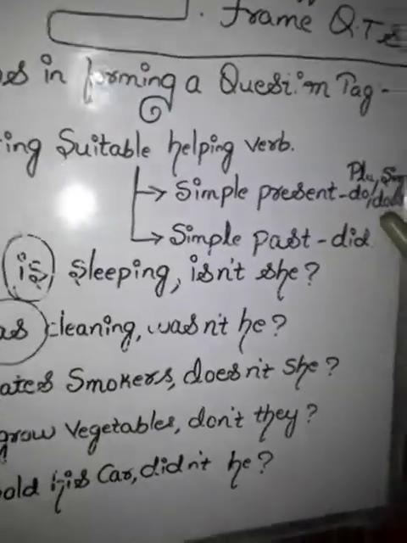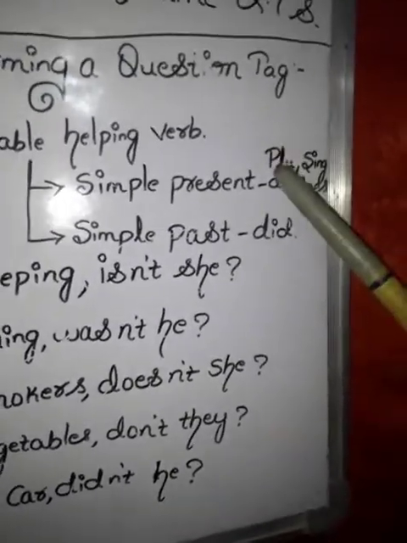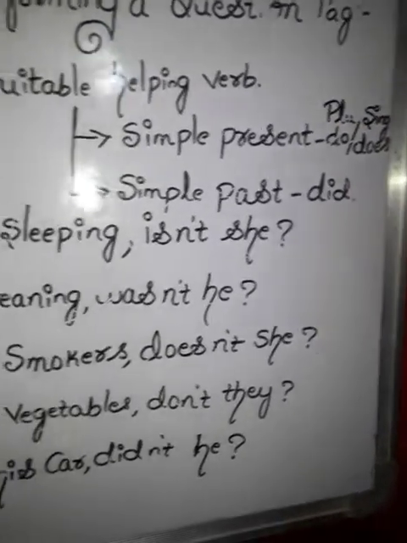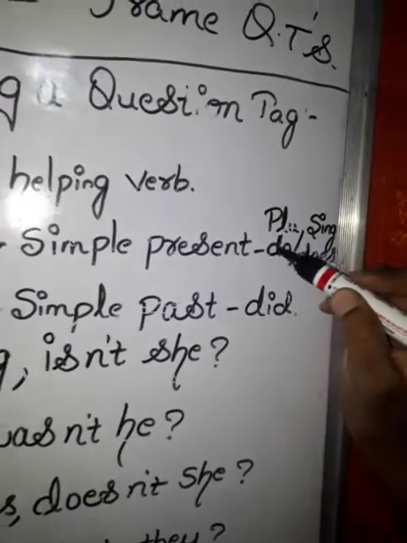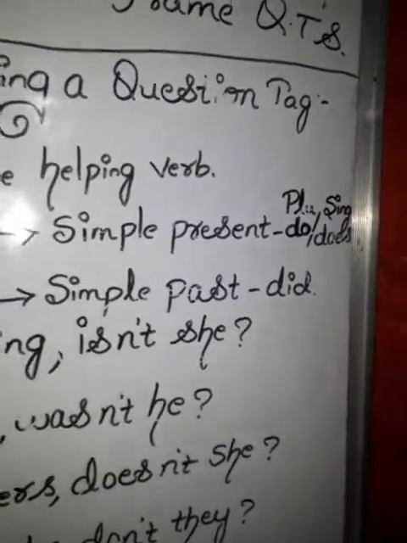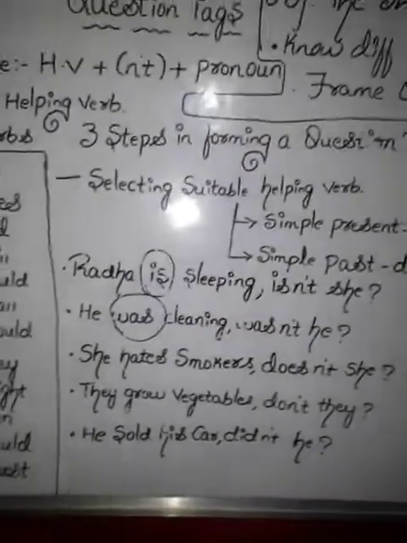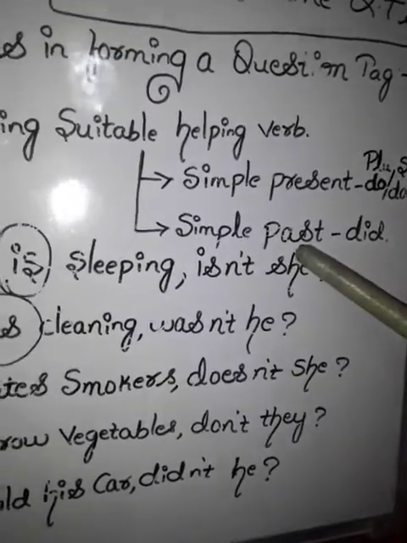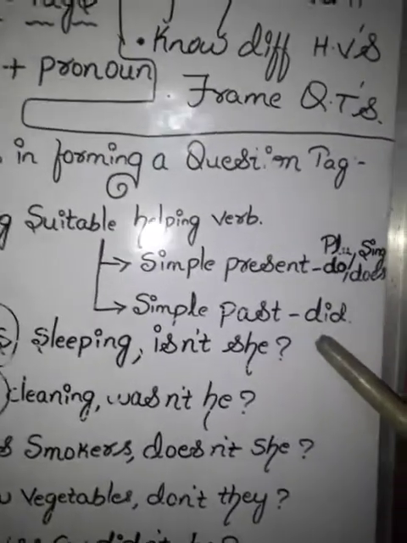If the given statement is in simple present plural, the subject is plural, we use do as the helping verb while writing a question tag. If the given statement is in simple past tense, whether it is singular or plural, we use did as a helping verb while writing a question tag.